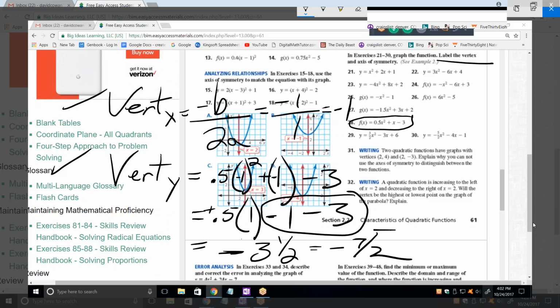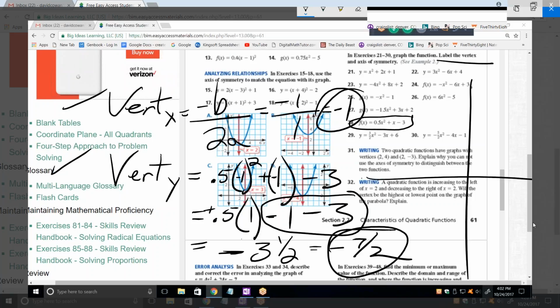So this is the y-coordinate. We got the x-coordinate. We can graph it almost, not quite. In other words, we really only still have 1 point. -1, -7/2. Did it open up or down?